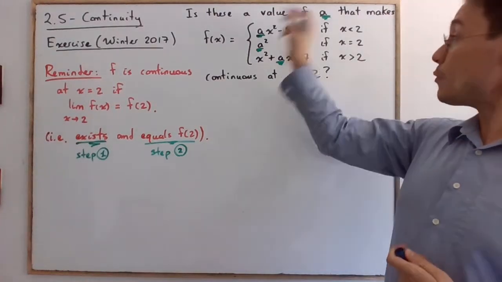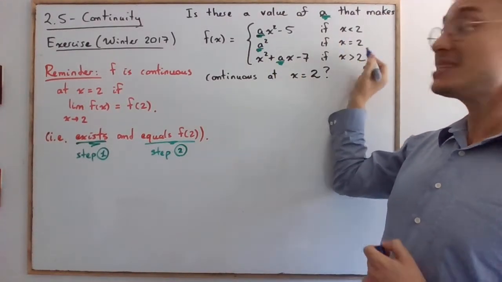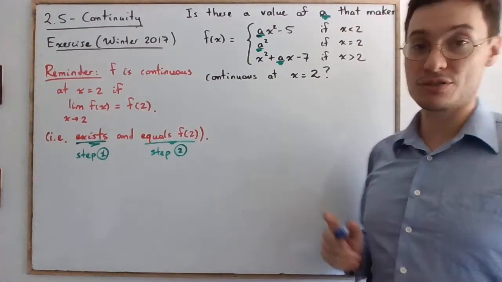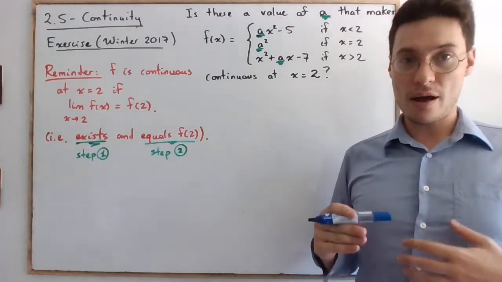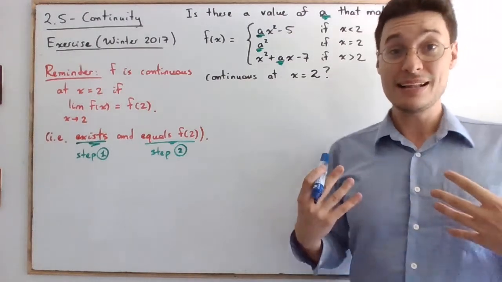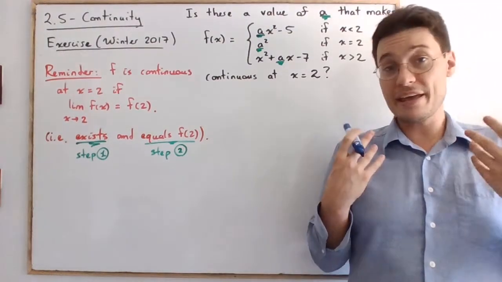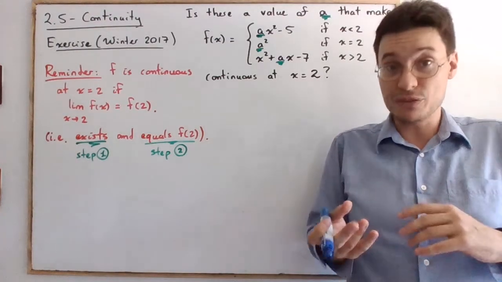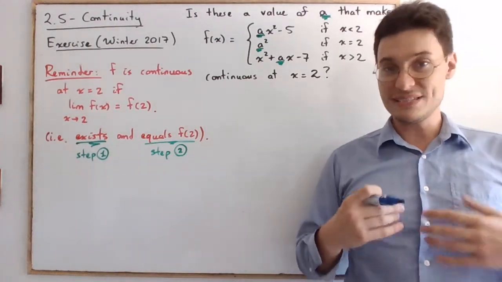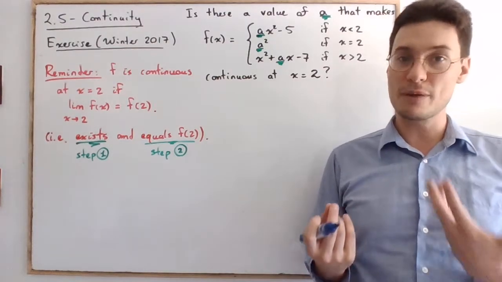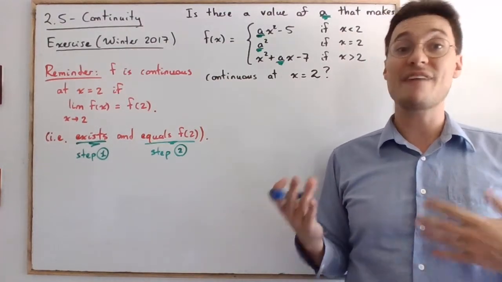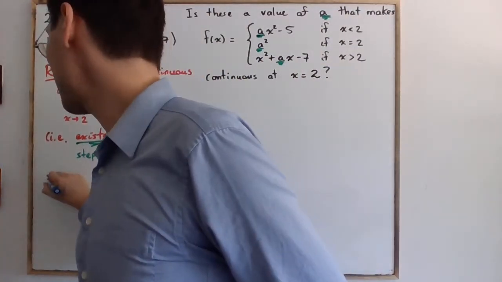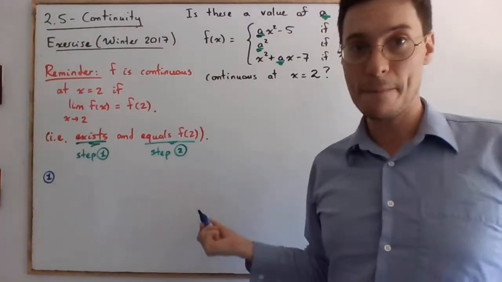Okay, now we look at the function, and the function has a junction point at x equals 2. In other words, it is defined differently depending on if x is below 2 or if x is above 2. And for this reason, to see if the limit exists, we have to compute the limit from above and the limit from below. So let's label this as part of step 1.